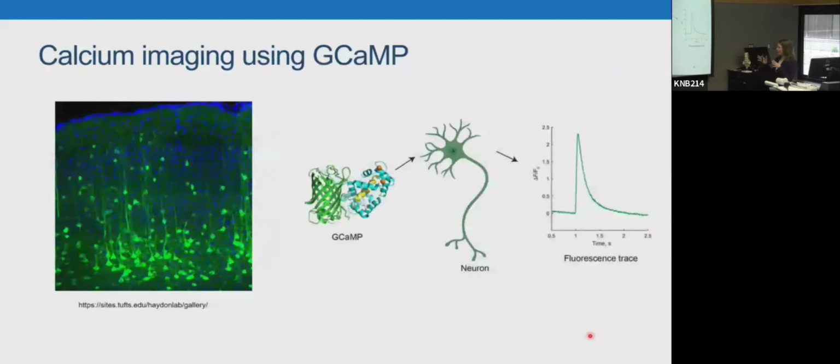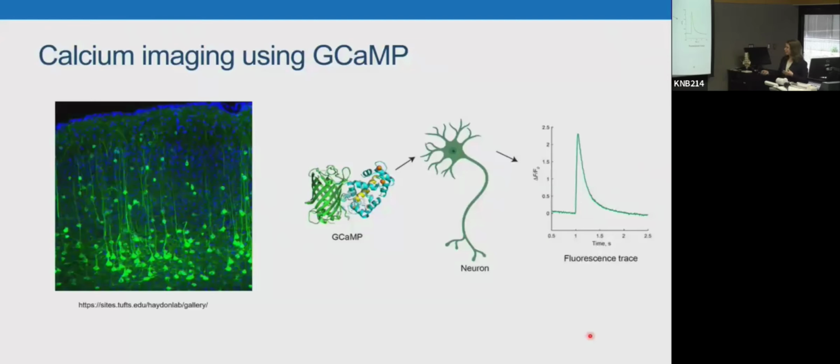And then while the mice perform these behavioral tasks, I did some in vivo imaging of their brain. The way I did this is using a common imaging technique in the animal world called calcium imaging. And I specifically use a calcium indicator called GCaMP. So the premise for calcium imaging is that when a neuron is activated and it has an action potential, one of the things that happens is an influx of calcium into the cell.